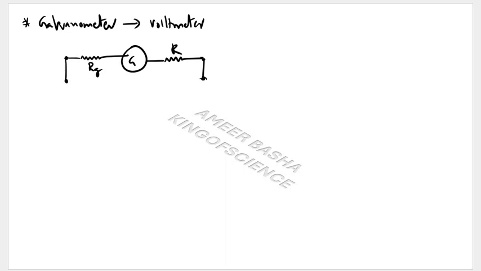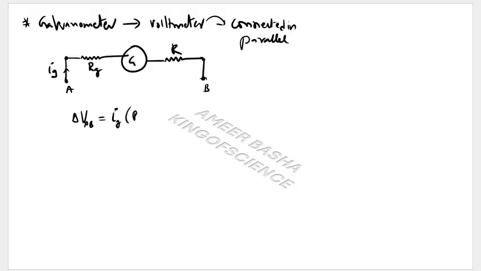A galvanometer is always connected in parallel with the main circuit. So I want to measure the potential difference across these. Only a little current goes here, that is Ig. The potential difference between A and B will be equal to Ig into R plus Rg. This way I can measure the potential difference between the two ends A and B.